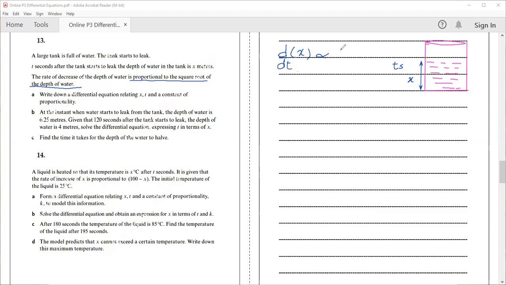So the square root of the depth is always X in this question. So you will get the differential equation. Write down a differential equation relating x, t and the constant of proportionality.